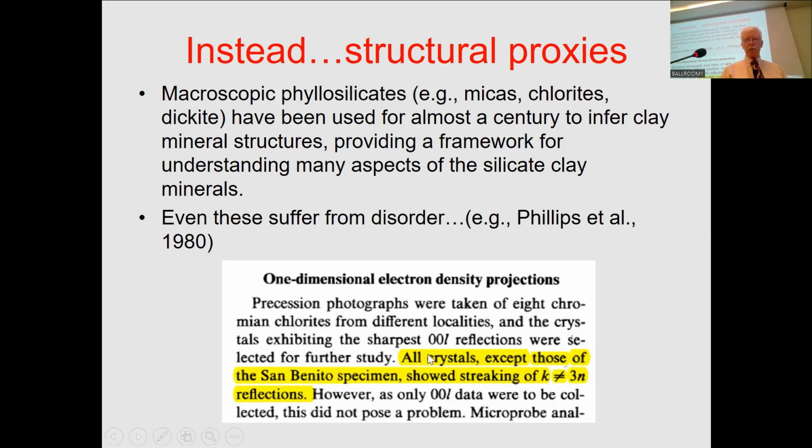I've highlighted this part down at the bottom, where they said all crystals, except for one, showed streaking, which means the crystals had this kind of effect going on. They were not perfect three-dimensionally ordered crystals, even the crystals of Professor Bailey. I remember one paper where they said, we examined 137 crystals and finally found one. Good enough. And I always thought that one crystal is very unique. That's not representative of chlorite.